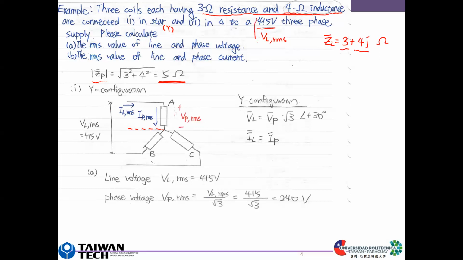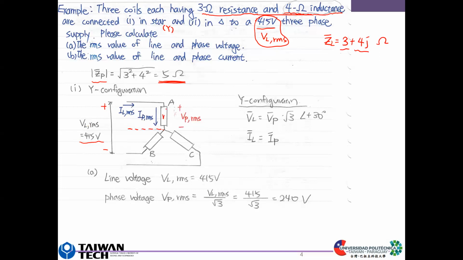So this VL RMS 415 volt means line to line voltage. We can put positive and negative here, but since it's AC, its direction is changing all the time. But for clarity, we can have a plus and minus. So this line to line is 415 volts. And this is the phase voltage.